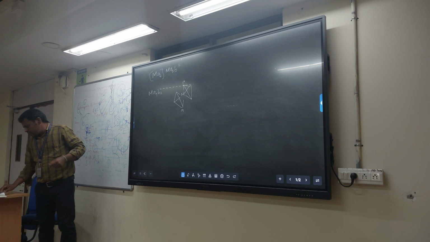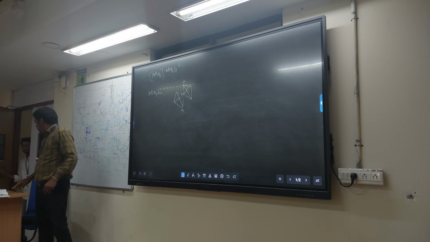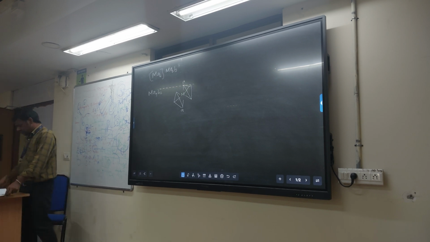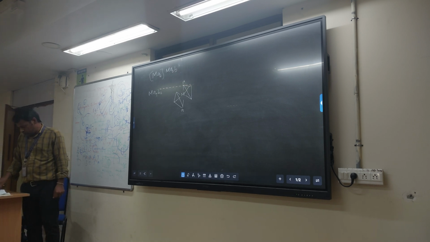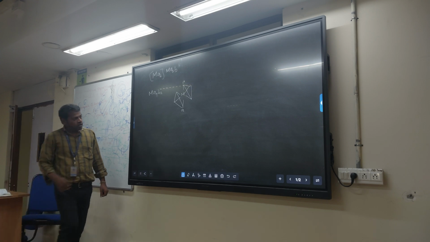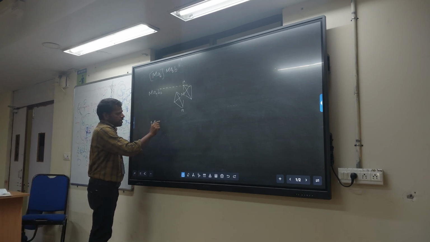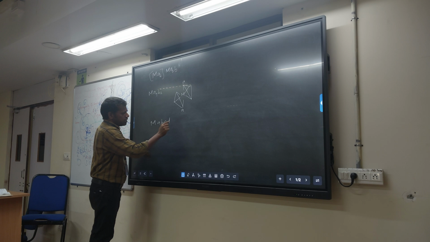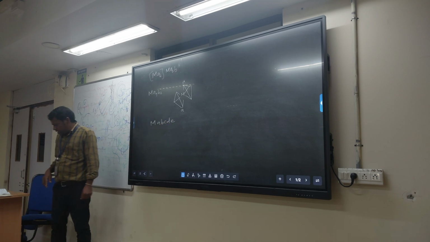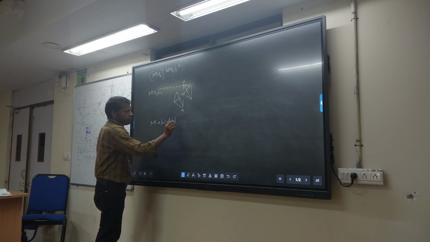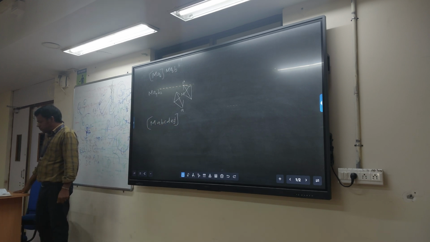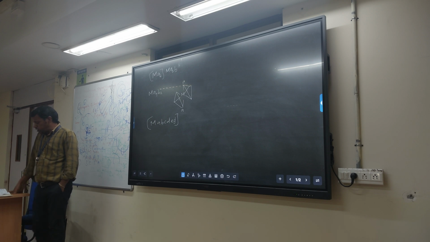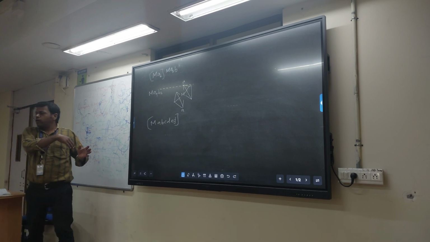If you want, I can discuss another example completely. Sometimes they ask M, A, B, C, D, E, F. Yes, this complex gives geometrical isomerism, but there are almost 15 geometrical isomers. So we should not draw all 15.